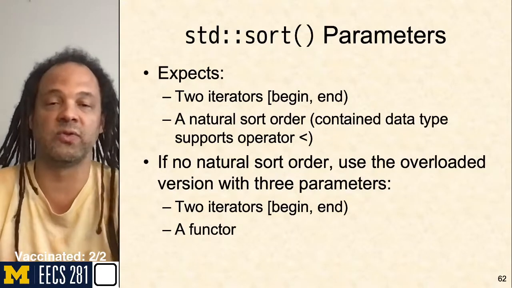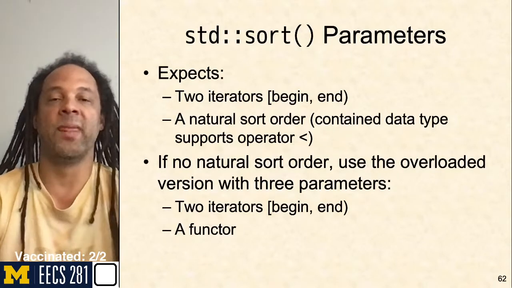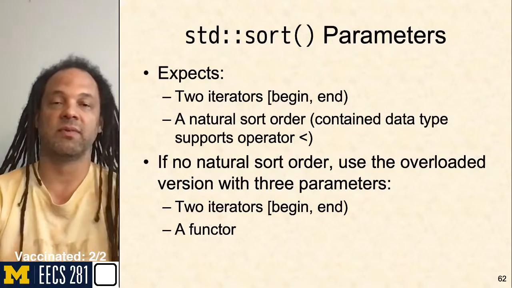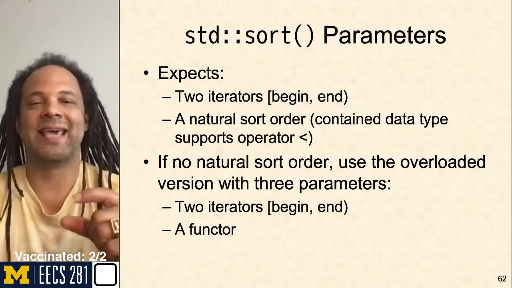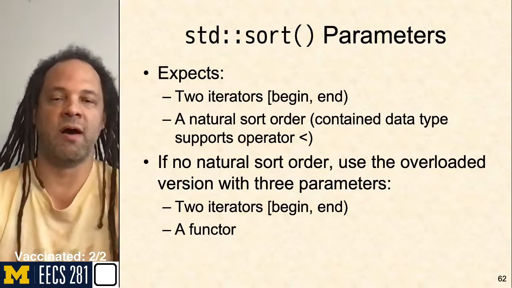If there's no natural sort order for the data, like there's a natural sort order for integers, there might not be a natural sort order for stock orders or zombies or whatever, right? In this case, operator less than doesn't work on that data item.